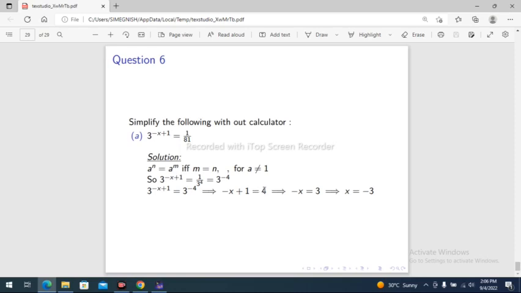Sorry for the mistake, it is minus 4, and this minus x equals minus 5. Then multiplying both sides by minus 1, x equals 5. So the answer is x equals 5.